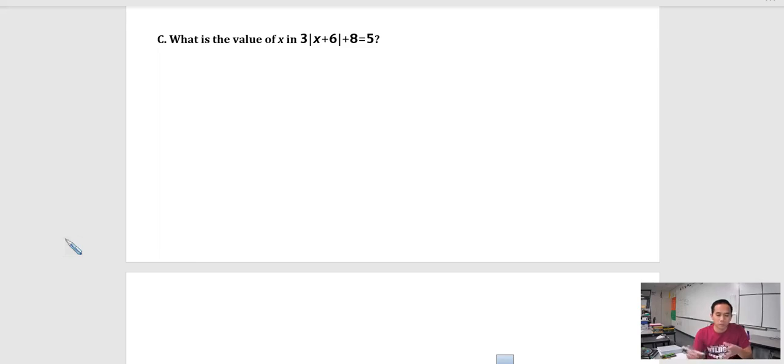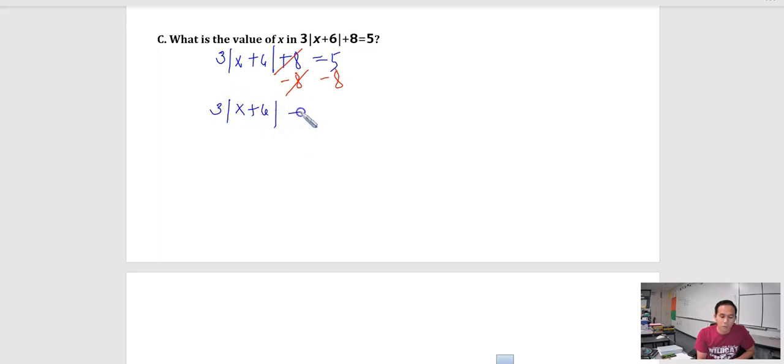Of course, we have to subtract 8 here. So I have 3 times the absolute value of x plus 6 plus 8 is equal to 5. So I'm going to subtract 8 from both sides. So minus 8, this one will be canceled. So I have 3 times the absolute value of x plus 6 is equal now to 5 minus 8, which is negative 3.